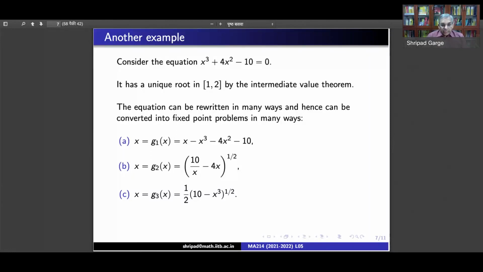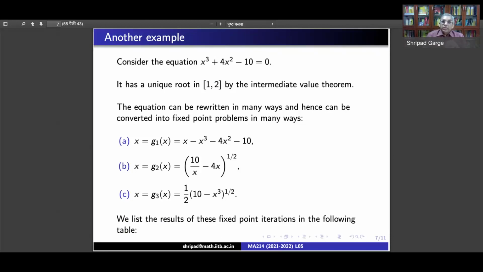Okay, so let's see what we will have with these. We are going to take our initial point to be 1.5, which is the midpoint of the interval 1 comma 2. We are all looking at the interval 1 comma 2, and we are going to iterate these three functions. So we will take x equal to 1.5 and apply g1 to 1.5, then apply g1 again, and keep on doing it.